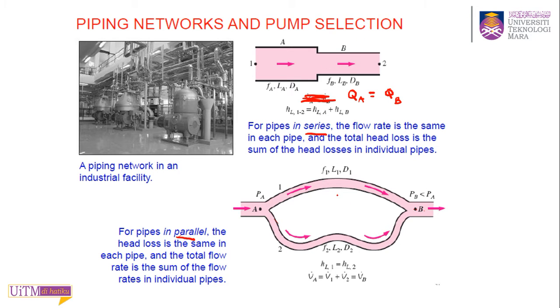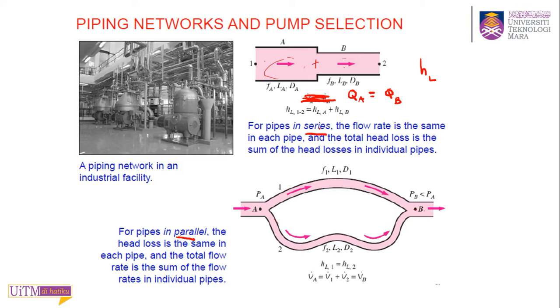And the total head loss, HL, will be the sum of each individual pipe. In pipe A you calculate, and you calculate for pipe B. So the summation of these two head losses will be the total head loss for this pipe.